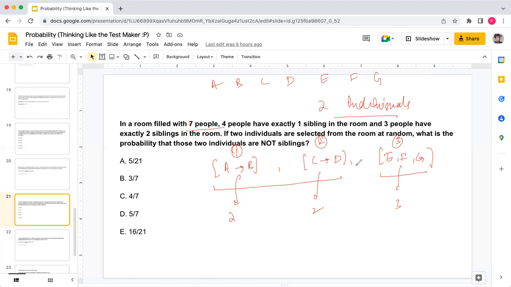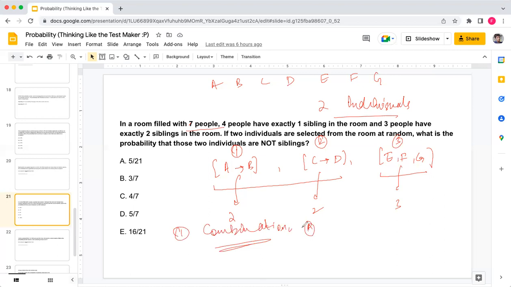Now let's try to solve this using the first method. Let's try to think of this in terms of combinations. So how can we do this? Let's try to come up with cases.